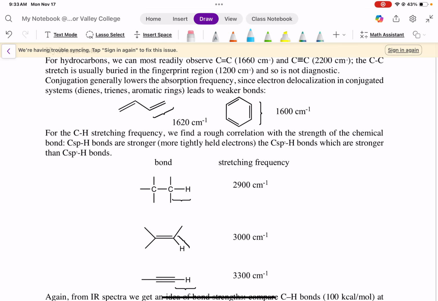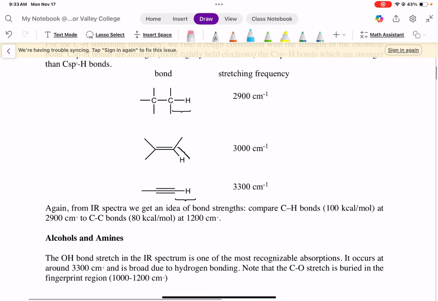Now, double bond about 1600, and double bond about 1600. Some conjugation does decrease the energy a little bit. Conjugation means you've got a double bond, single bond, double bond, single bond, double bond. Okay, or just like this case, the benzene ring.